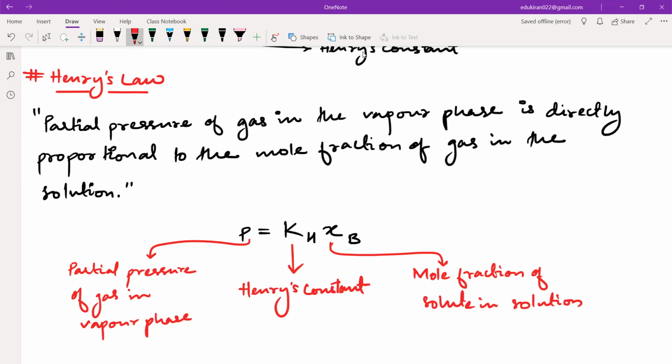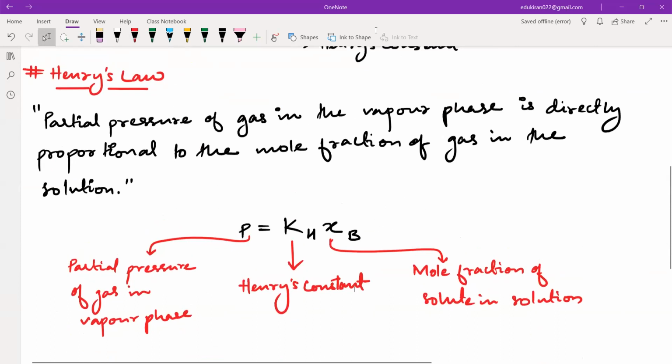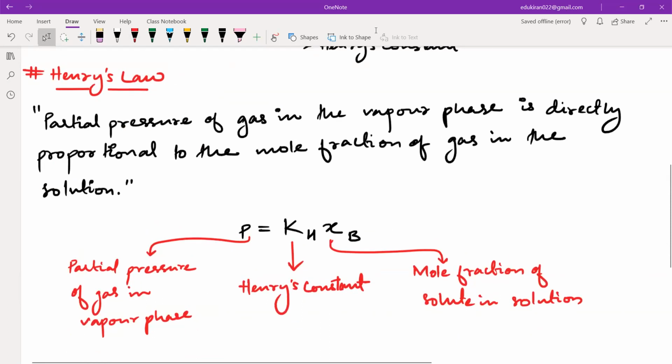Please write this down and leave at least half a page. Hamza, am I audible? Yes, sir. Okay, leave at least half a page and try to be on time.